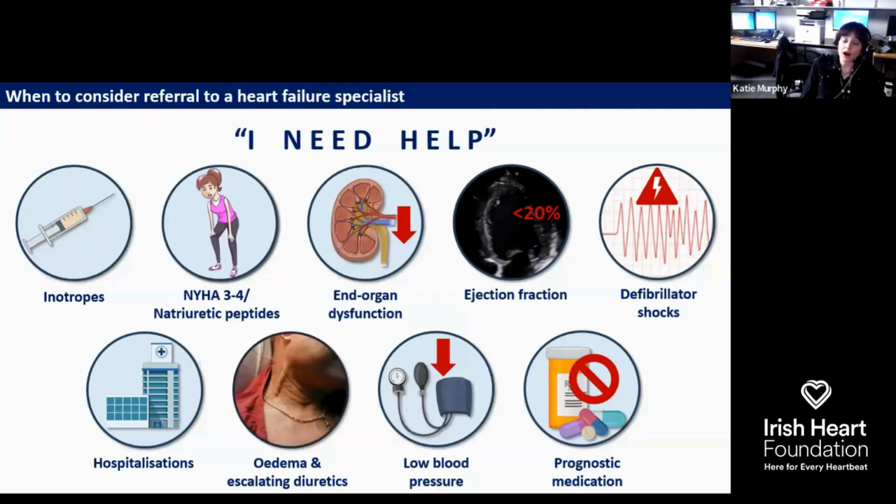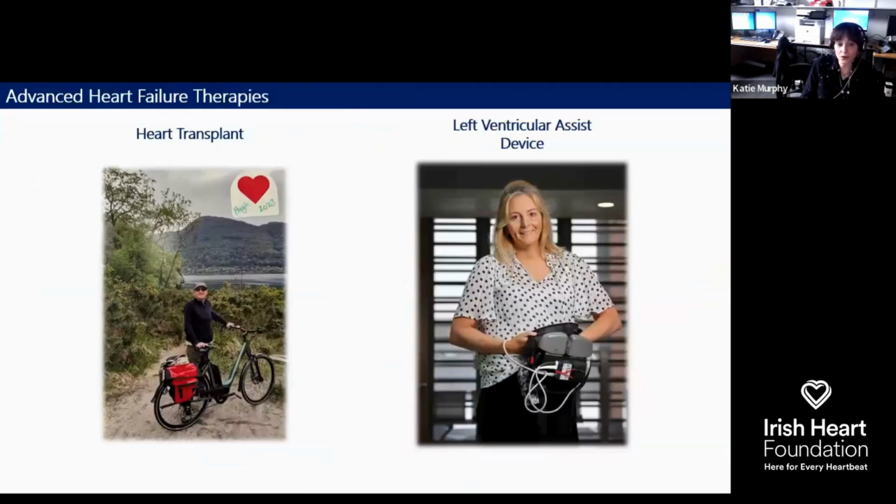And so if you are coming into the hospital very, very frequently, if your kidneys and your liver aren't doing well, if you are having shocks from your defibrillator, if your blood pressure is very low, and if your team is having to pull back on the doses of medicines because of low blood pressure or because of your liver or your kidneys not doing well, then it is reasonable to ask, should I be referred to a heart failure specialist? And so when we see people in our advanced heart failure clinic, we'll consider two main therapies.